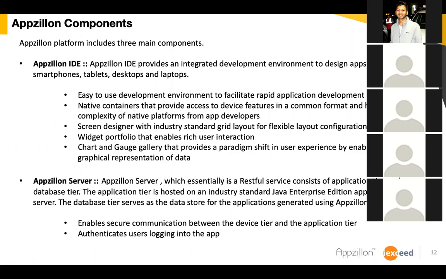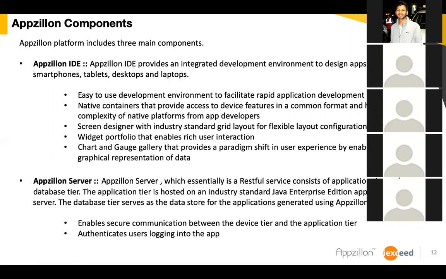Right. So you're saying Appzillon has a backend or middleware where you store user credentials, entitlements, and all those things, and the UX is tightly coupled to those functionalities in the middleware today? No. The user management and entitlements are entirely optional. It comes as a platform.